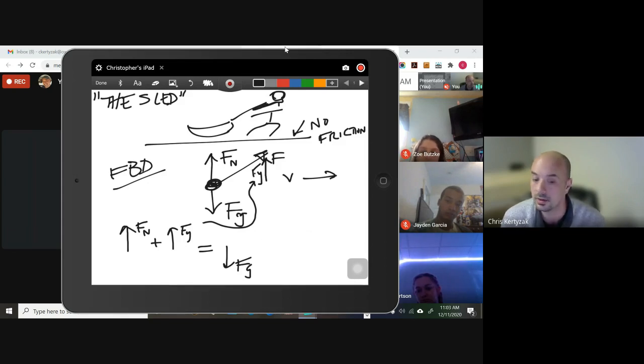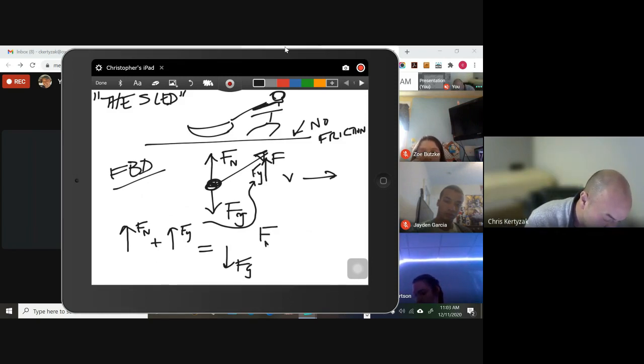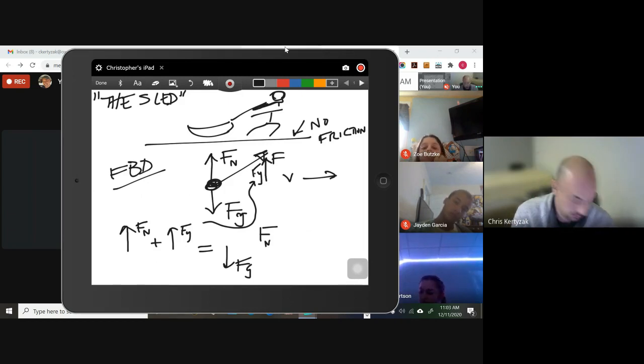Okay, so what we do is we have to think about how we would represent these things. How would we represent this idea in an equation? Fn, plus, because there's no expression for Fn, it's just Fn. Plus Fy, but is there an expression for Fy? You did it right in the beginning.